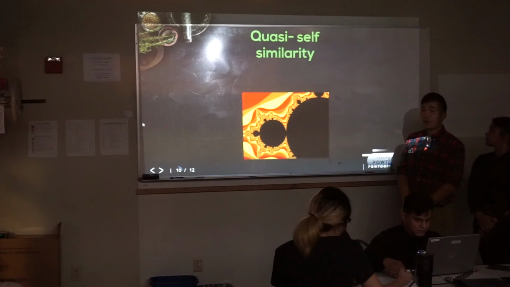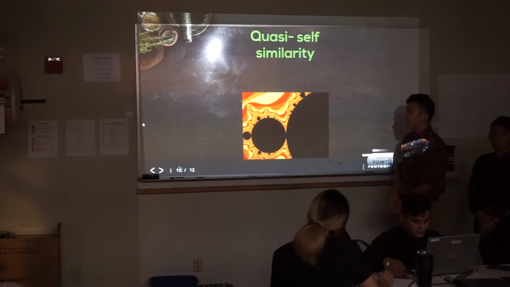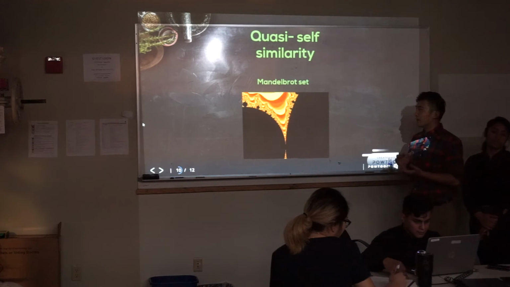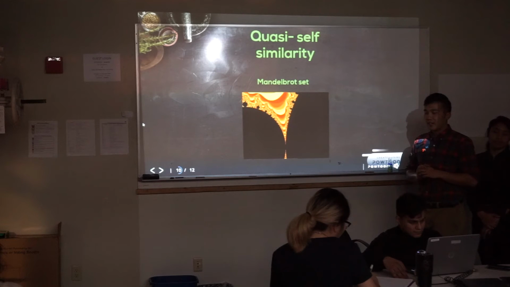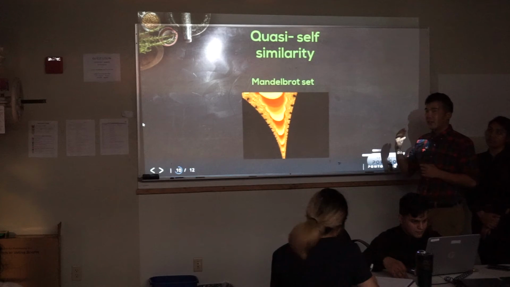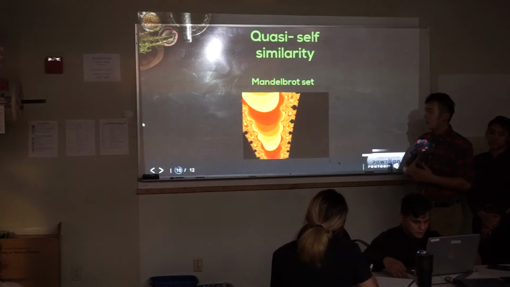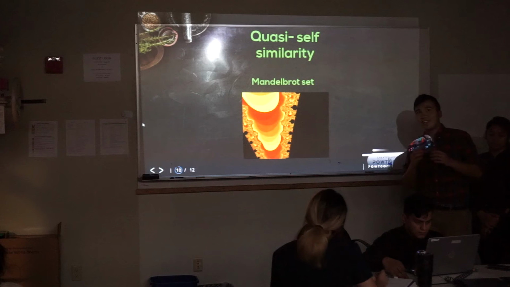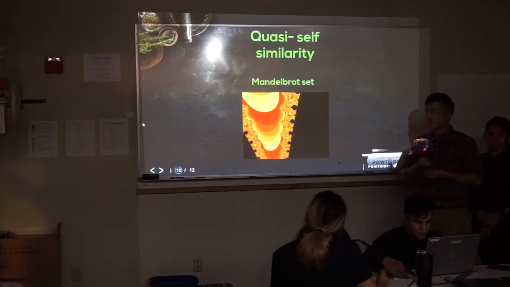Quasi-self-similarity is nearly identical to exact self-similarity, except that when you look at a fractal through different scales, the fractal appears distorted or degenerated.